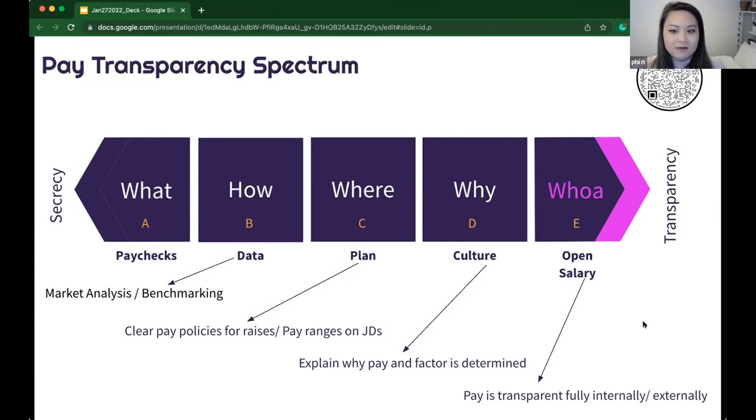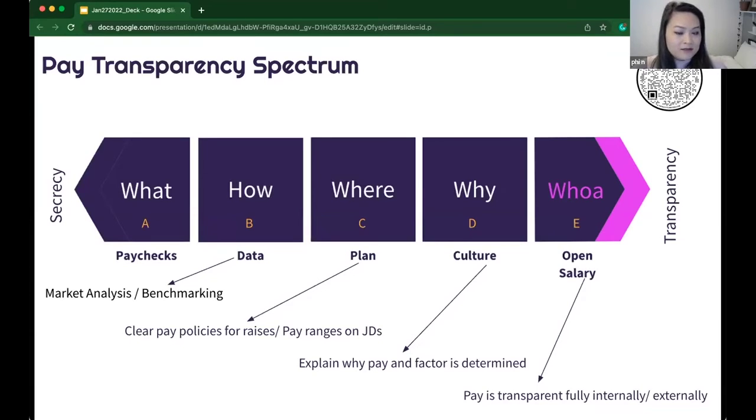The first step is that employees know what they make, and the company knows. It's private, it's kept secret. The second step is sharing with employees how market data is used to benchmark pay at the company.